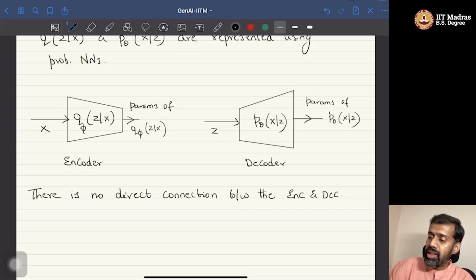Please don't confuse phi and theta with the parameters of the distribution. Phi and theta are the weights of these corresponding neural networks.